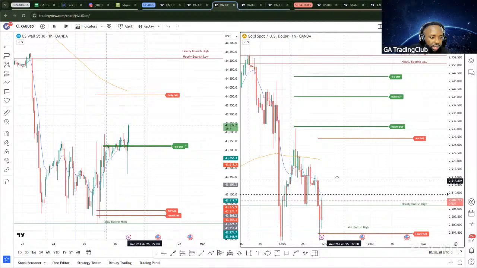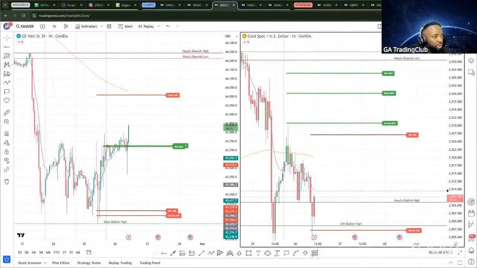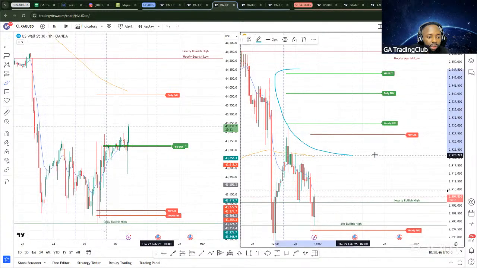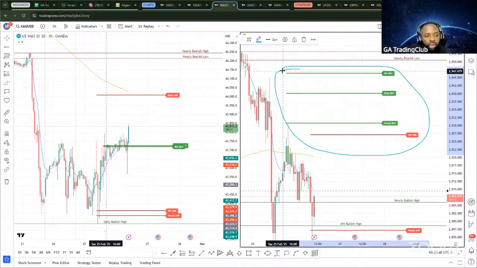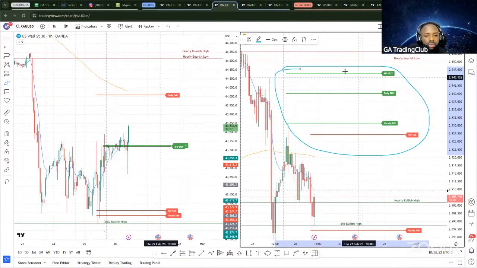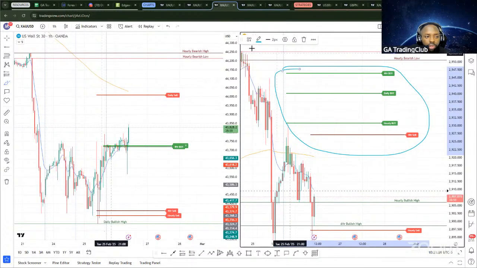But you can see if I'm going to look to sell gold on my higher time frames, I have all these sell areas right here on gold. So all I would need here is an hourly rejection below any of these rejection levels, and preferably this one at the top here at 29.47 because it's closer to an hourly bearish order block.